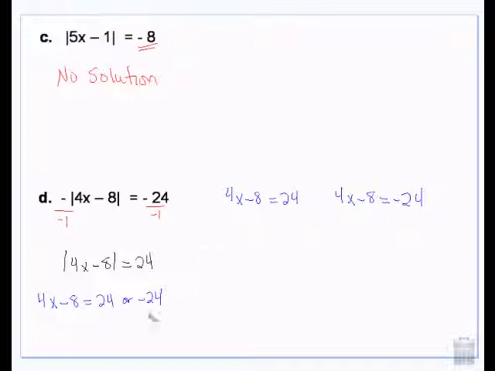Okay, so either way, if I've split it, I'm adding plus 8 to both sides. Dividing by 4.